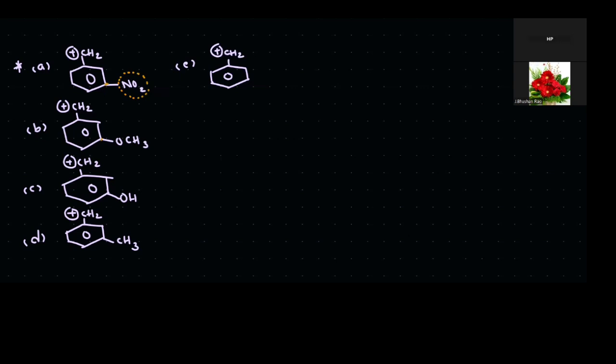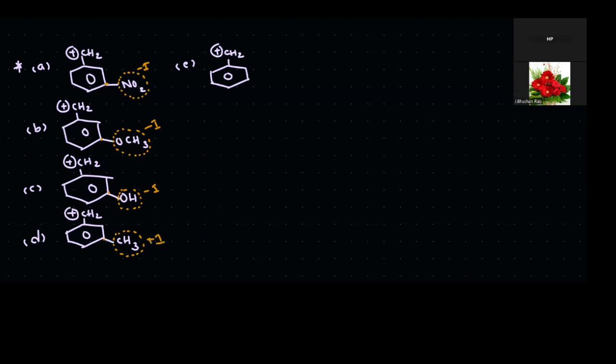In this meta position, if an NO2 group is attached, this group acts as a minus I. Next, this group is OCH3, attached to the meta position, here also minus I. Here the OH group also acts as a minus I group. Only the inductive effect is present. If one CH3 group is present at the meta position, it is always a plus I group.